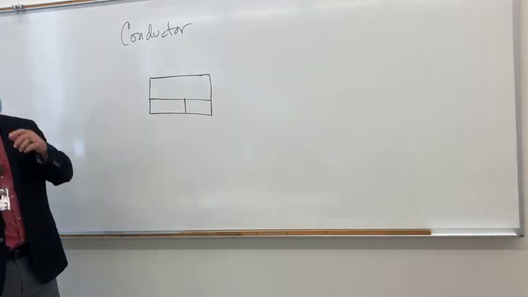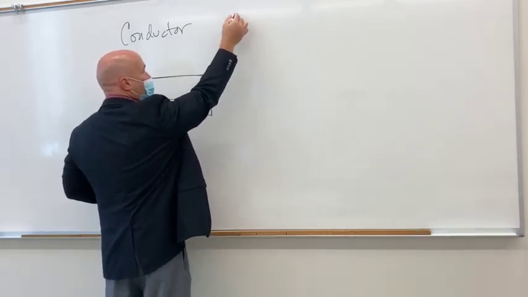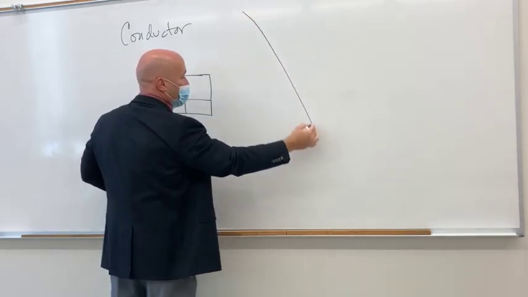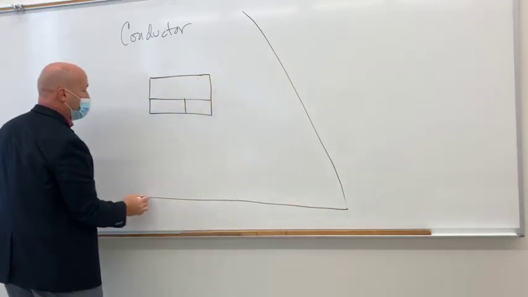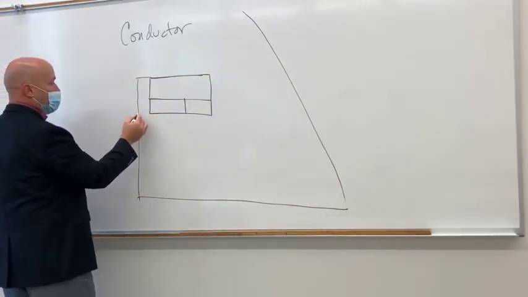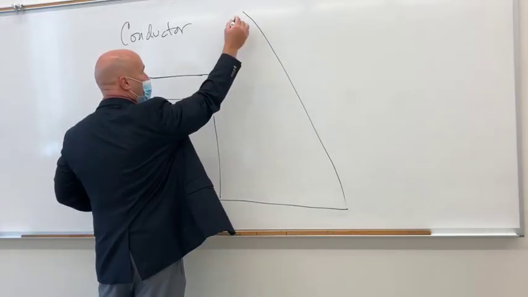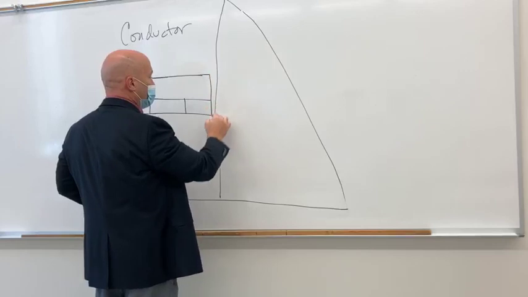So I fenced in the whole thing. It was kind of a pie-shaped piece of property, and it went like this, basically. I put a fence here, I put a fence here, and then I let the goats roam.